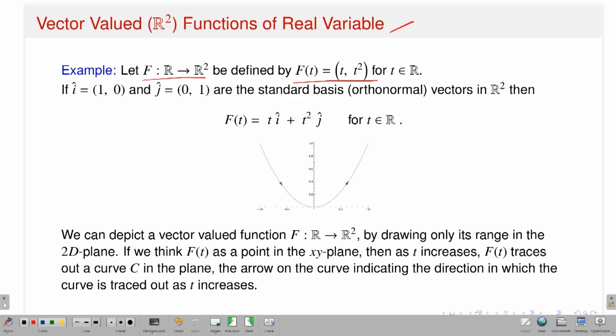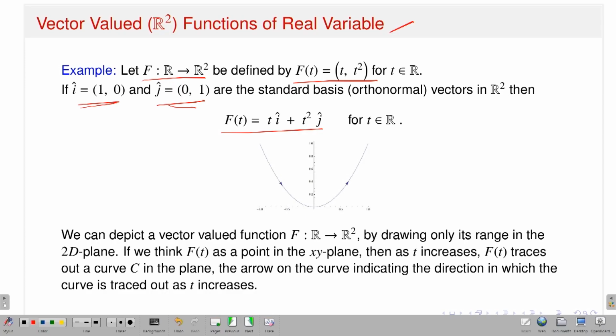Now i cap is (1, 0) and j cap is (0, 1), the standard orthonormal basis in R2. So in the two-dimensional plane R2, (1, 0) and (0, 1) form an orthonormal basis. I denote i cap as (1, 0) and j cap as (0, 1). Then my function can be written in terms of i cap and j cap as t times i cap plus t squared times j cap.